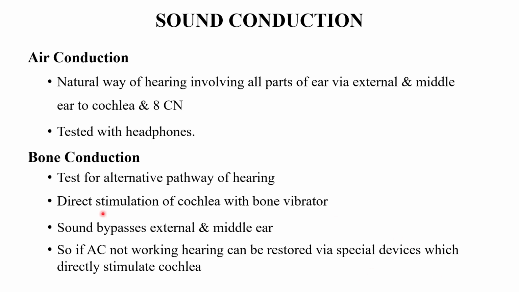While bone conduction is a test for the alternative pathway of hearing as it directly stimulates the cochlea with the help of a bone vibrator. So bone conduction is an incomplete test of hearing as it directly stimulates the cochlea and eighth nerve while skipping the outer and middle ear, as the sound bypasses these two structures.